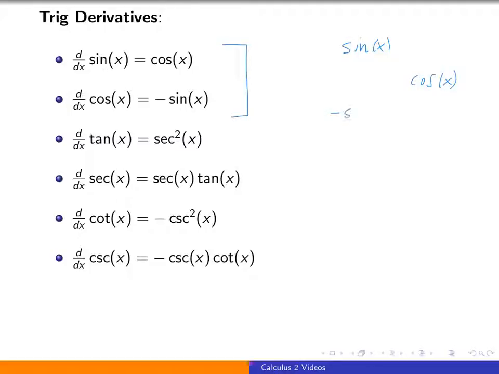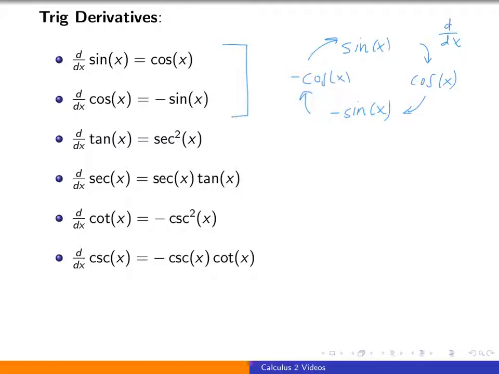Then I complete a cycle here. I write minus sine, opposite of sine, and then minus cosine, opposite of cosine. And I think going around here in the clockwise direction, each arrow represents a derivative. So that would be the derivative of sine is cosine, is minus sine, etc. Something else to help you remember these formulas, I find students typically struggle the most with the minus signs.